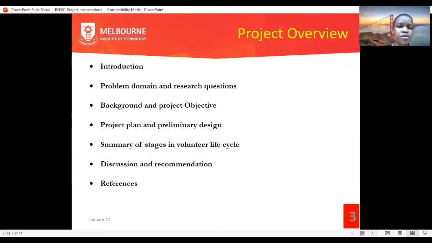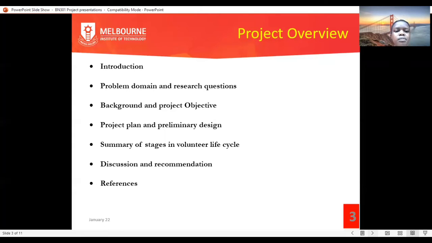For the project overview, we'll give a brief introduction of the company and the client, and then we're going to talk about the problem domain and the research question, where we'll talk about the issues being faced in this project and the research questions that have arisen from the problem.